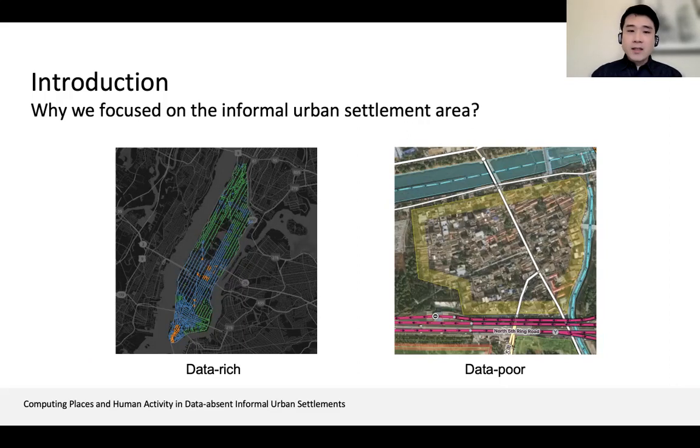Increasing urban data resources provide a lot of information, so we can quantify different urban phenomena and analyze different dynamic behavior in cities. In this way, we can support complex planning and design decisions.